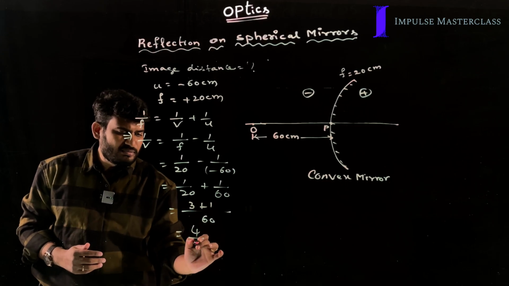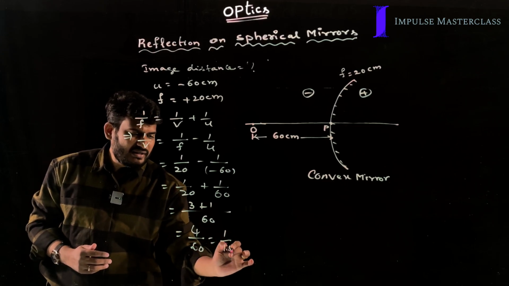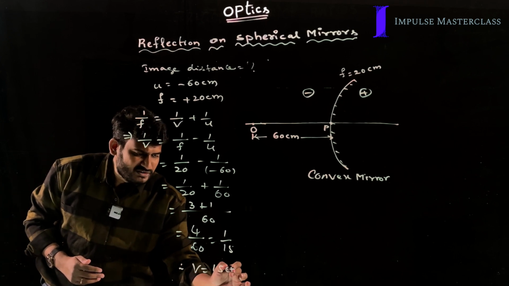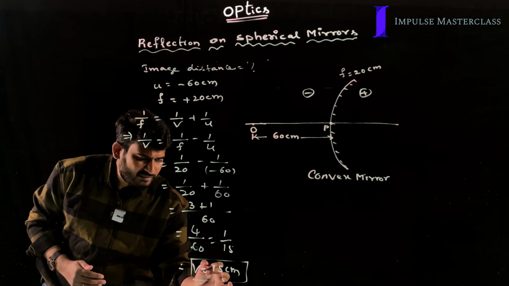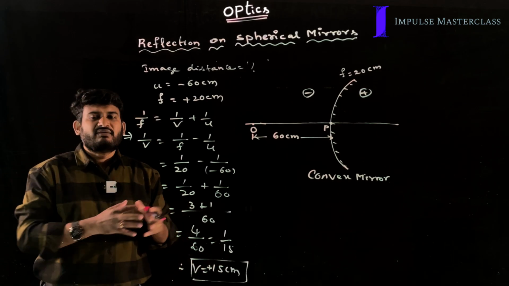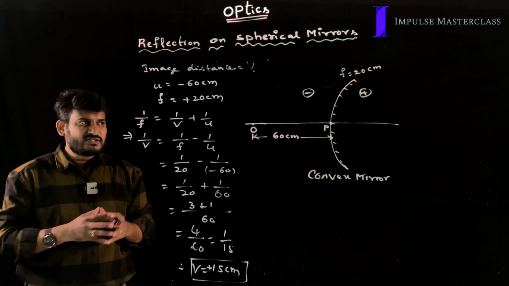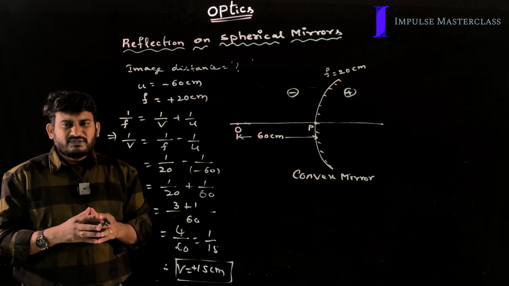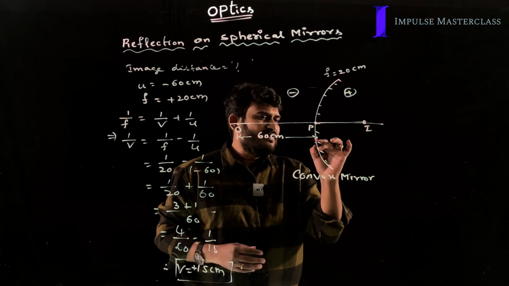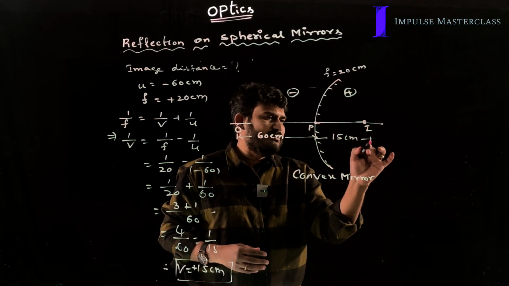You are getting 4/60, that means 1/15. Therefore the image distance is 15 centimeter, plus 15 centimeter we got. In this case, the image is formed on the silver polishing side at a distance of 15 centimeter from the pole of the mirror. That means from the pole of the mirror at this position, the image is formed at a distance of 15 centimeter.